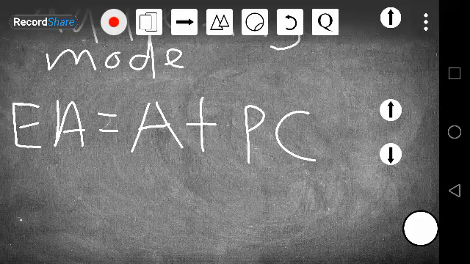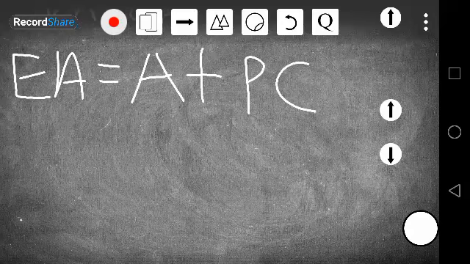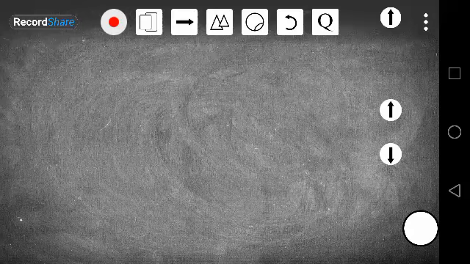Okay. From there, we move to immediate addressing mode, number 3.